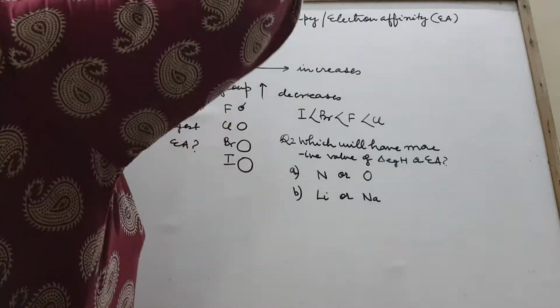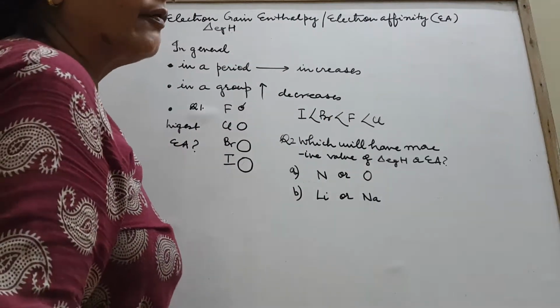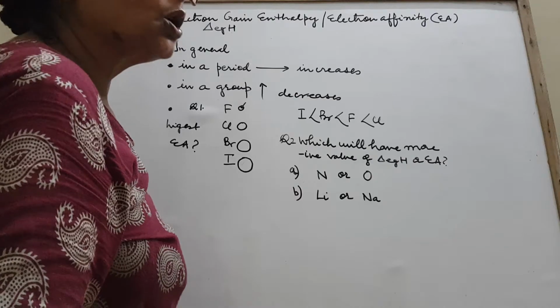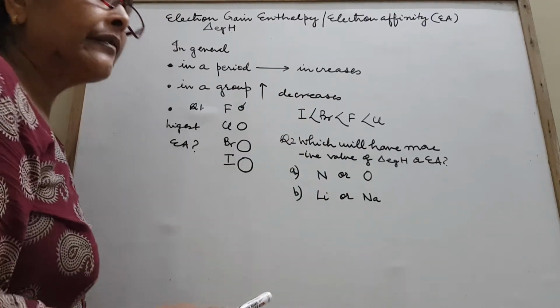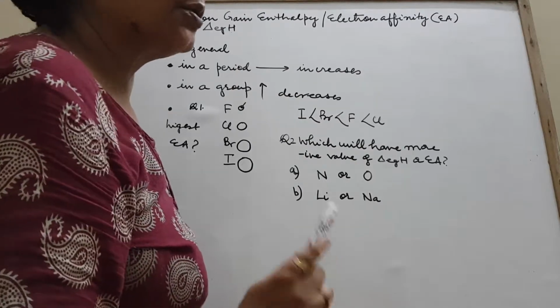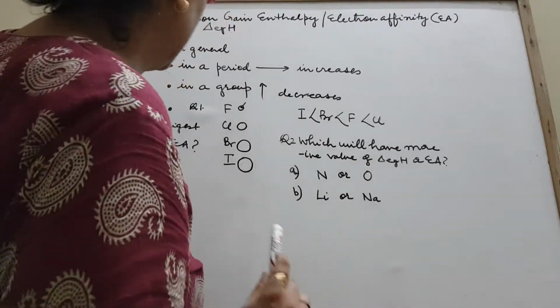In a group, top to bottom when you move, the value of electron gain enthalpy goes on decreasing because the size goes on increasing, and we have seen it is inversely proportional to size. That much we have seen.